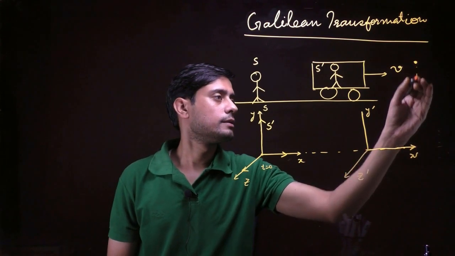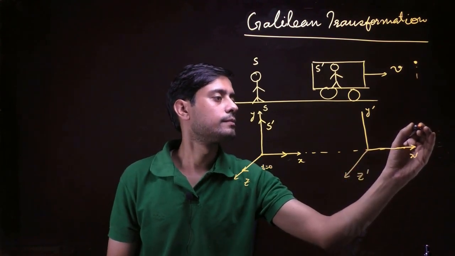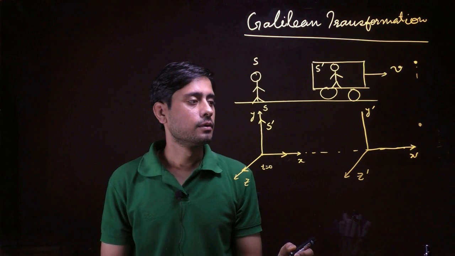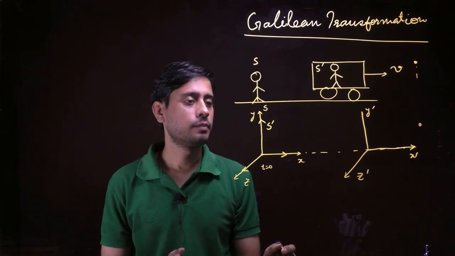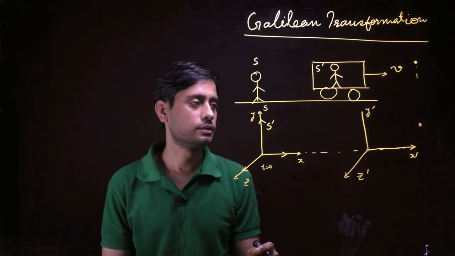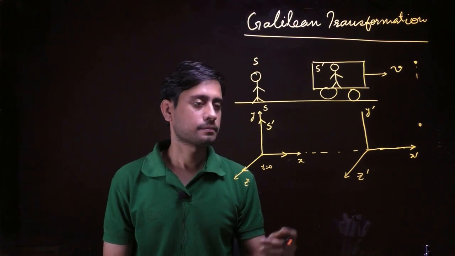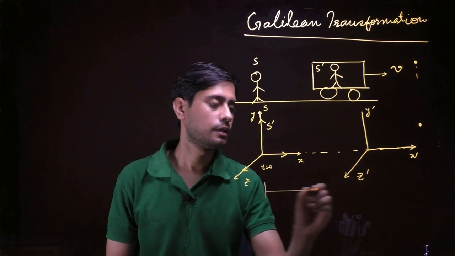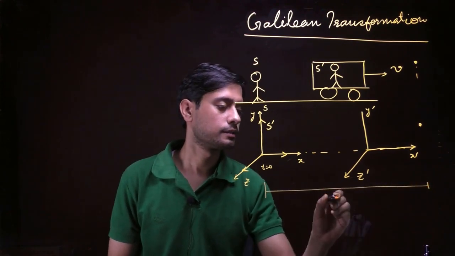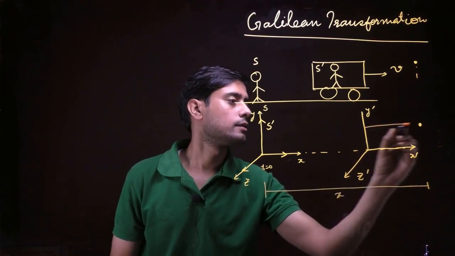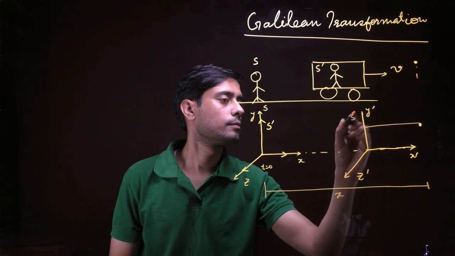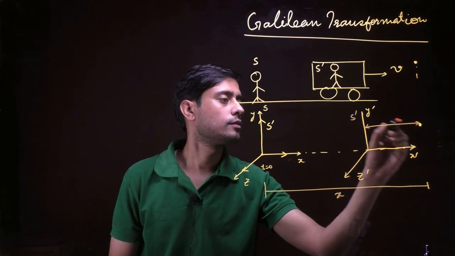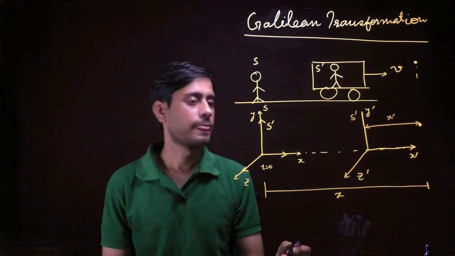Now this point will have different coordinates with respect to the two coordinate systems. With respect to the first coordinate system, let it be at a distance x, and for S prime it is at a distance of x prime.